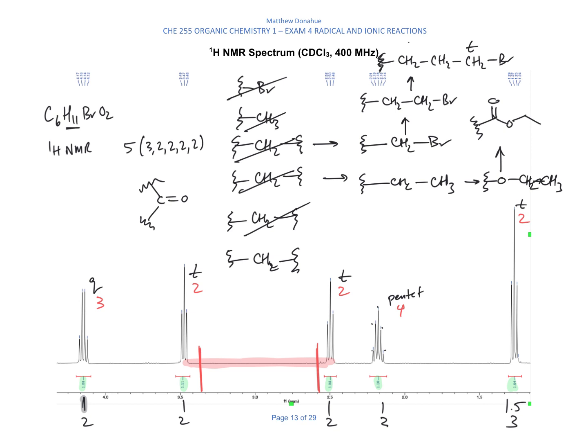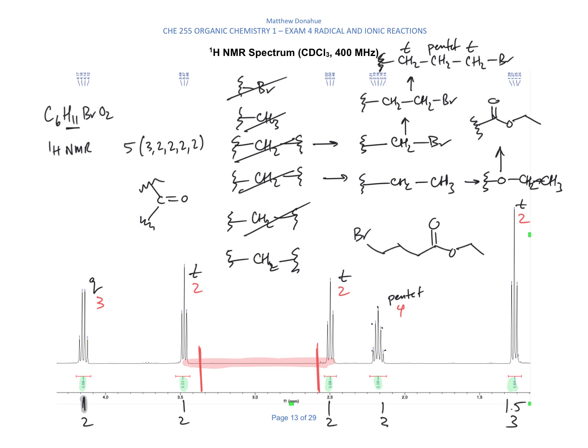This is blocked, so that's a triplet, and then this is the pentet. And now you have your two main fragments here, this and this, that you need to connect. And so that's the claim thus far using the proton data.